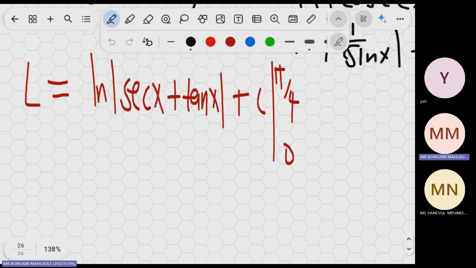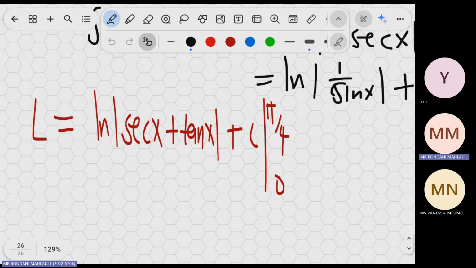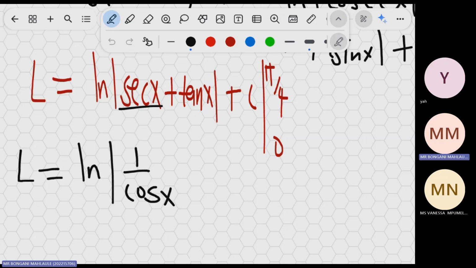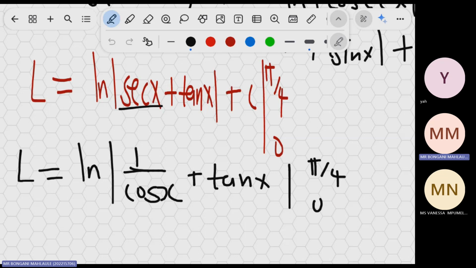Then with this one, we're gonna have what? You'll have L. Remember, we're looking for our L. Before we substitute, we'll change this sec x to be like this, because we cannot substitute on sec x, it's not there on your calculator. Plus tan x from 0 to pi over 4.